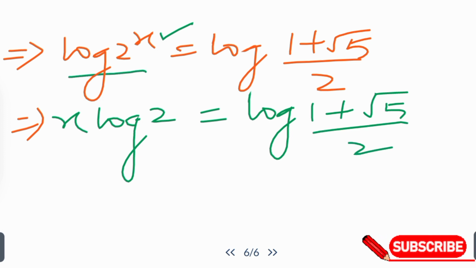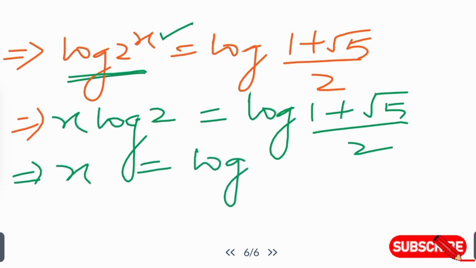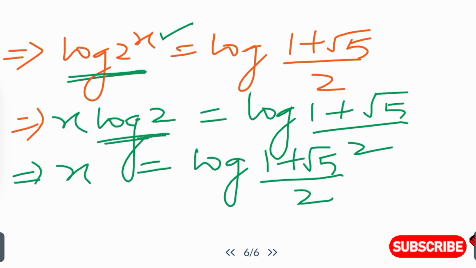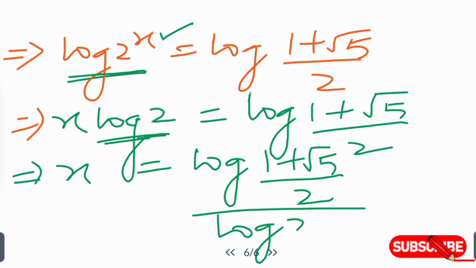In this part, the rule I have applied is that the power comes to the front. Now see what we can take here. x is equals to log of 1 plus root 5 by 2, and this log 2 we will take here, so it will be divided by log 2.